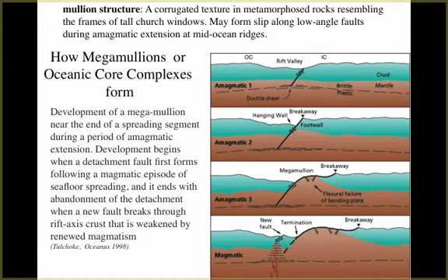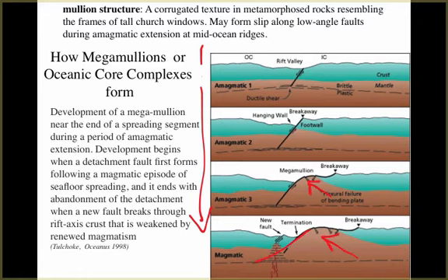It could form from slip along low-angle normal faults during amagmatic extension at mid-ocean ridges. And so in this diagram, you see a progression from a high-angle normal fault that rotates, and there's flexural bending and exhumation of lower crustal rocks along what becomes a low-angle normal fault.